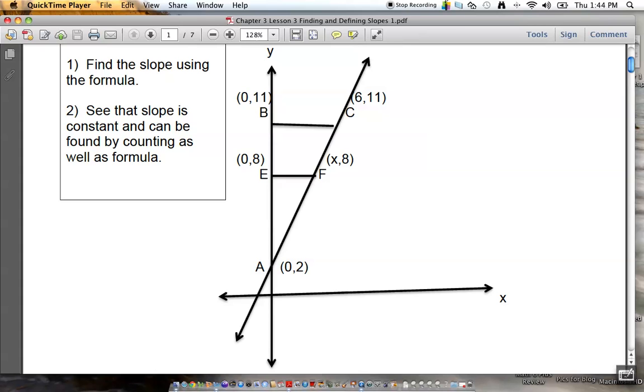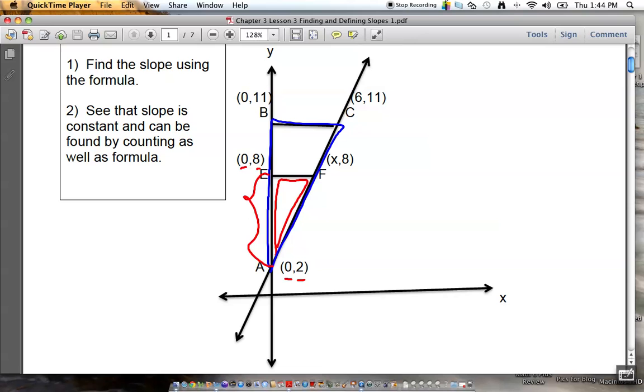Now, this is proportional. This small triangle here is growing up to, if you will, the big triangle here. And the ratios, which slope is a ratio, are going to stay constant. Now, this point is (0, 2). This point is (0, 8).